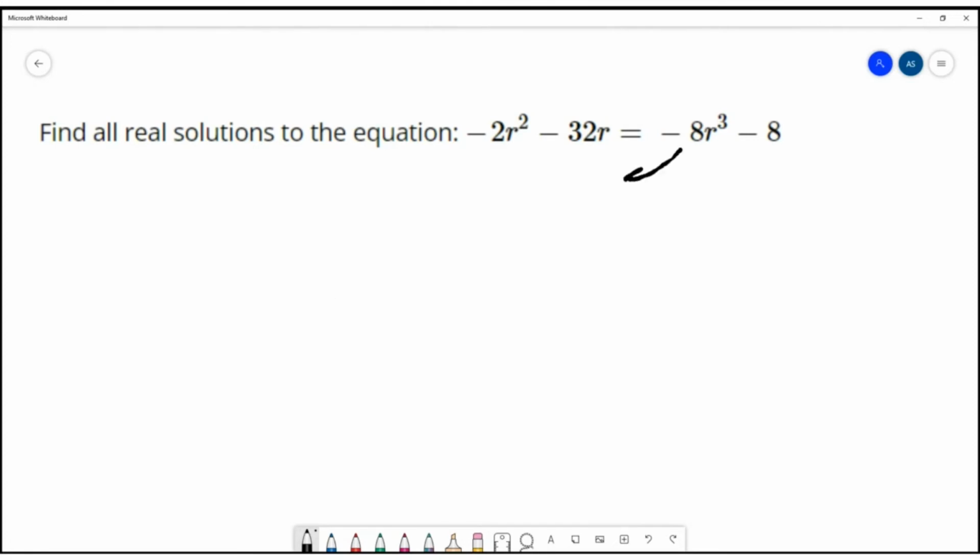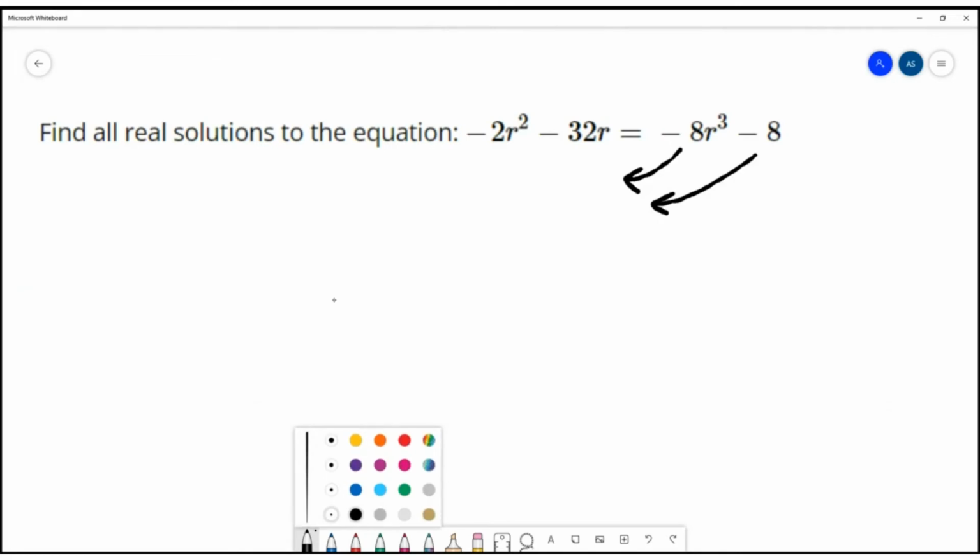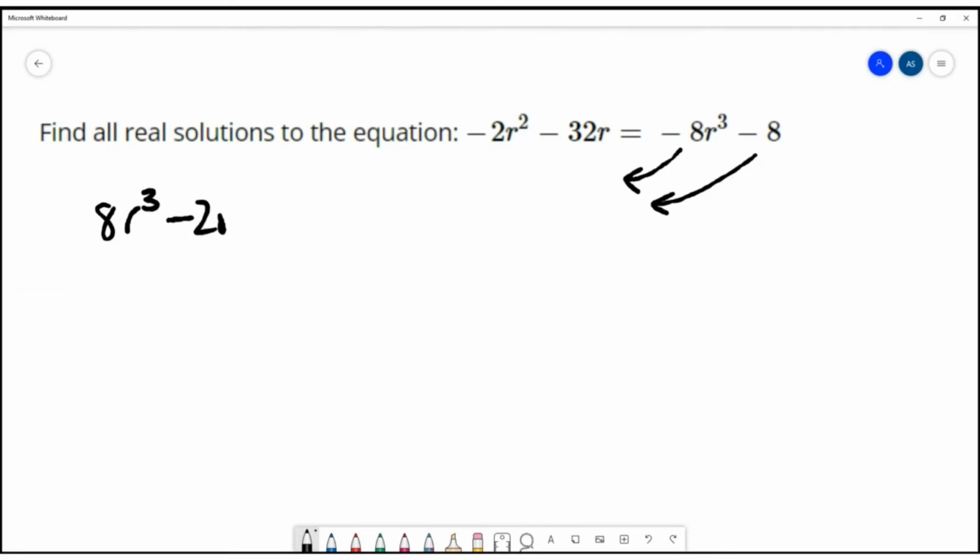I'm going to move these terms to the left-hand side, and that will give us the equation 8r cubed minus 2r squared minus 32r plus 8 equals 0. Let's make this correction. This should be negative 32r.